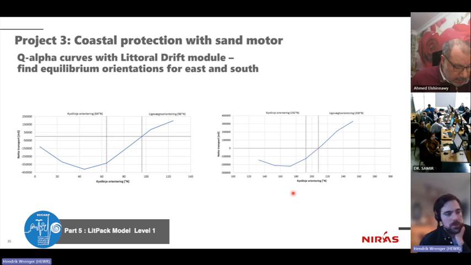So with a smart positioning of some structures, maybe we can locally achieve an equilibrium profile and sort of stop a chronic erosion. Whereas on the eastern coast, even with our sand motor, our beach nourishment, or whatever solutions we come up with, it will require maintenance.